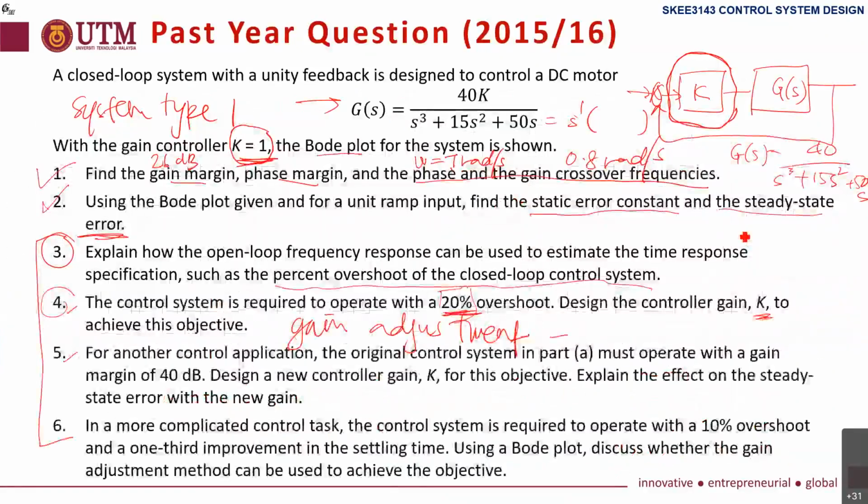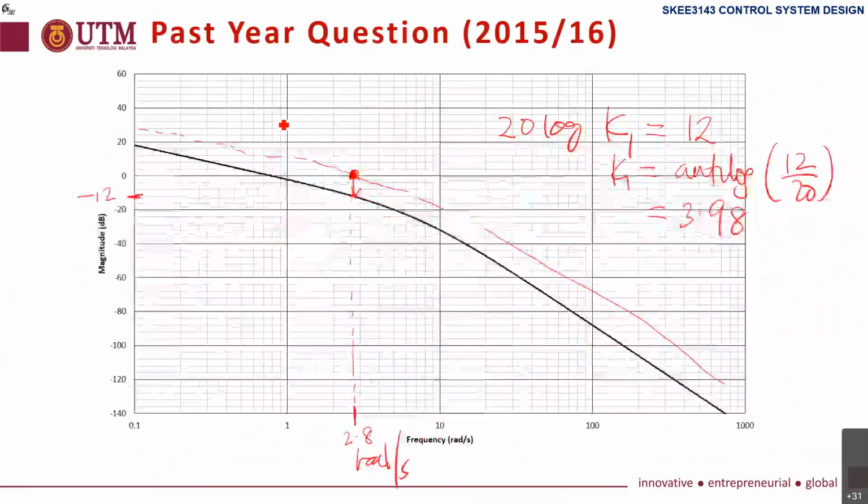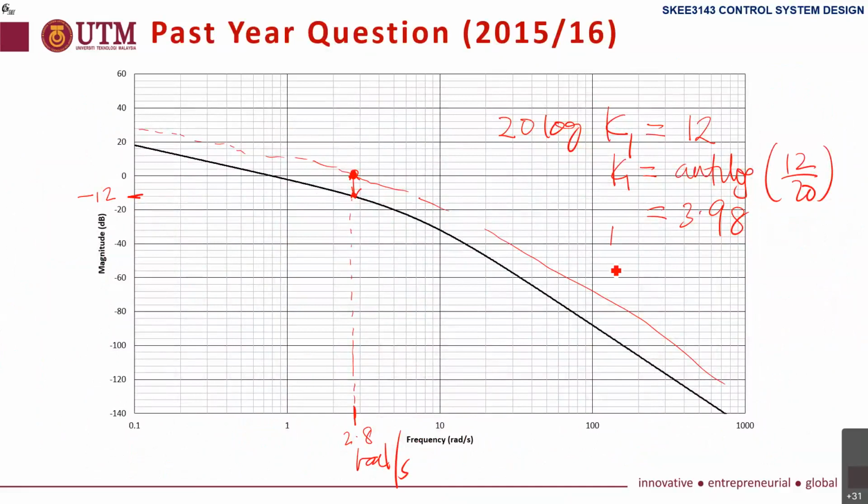From the question, initially, the K used to plot the Bode plot is equal to 1. Therefore, the final K is 1 multiplied by 3.98, which is equal to 3.98. If originally they used a different value of K, then we have to multiply here.